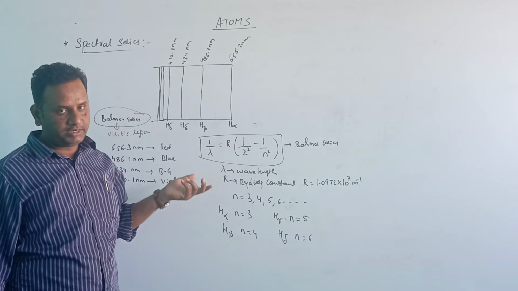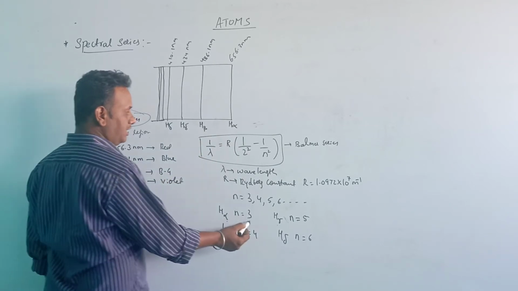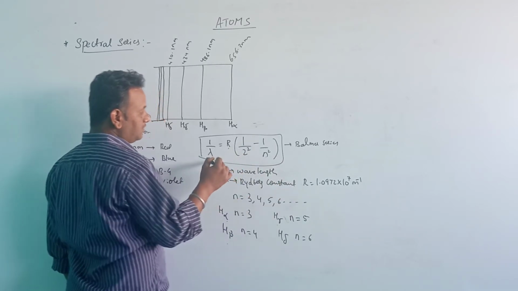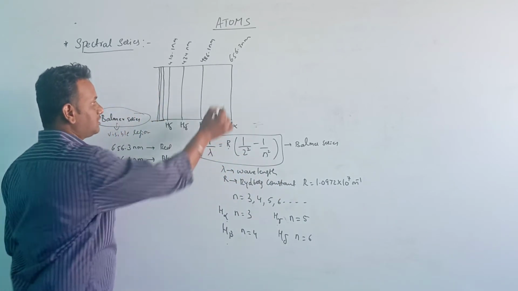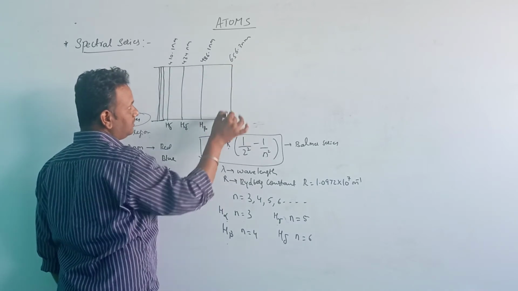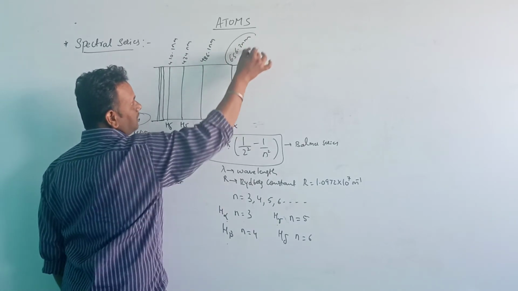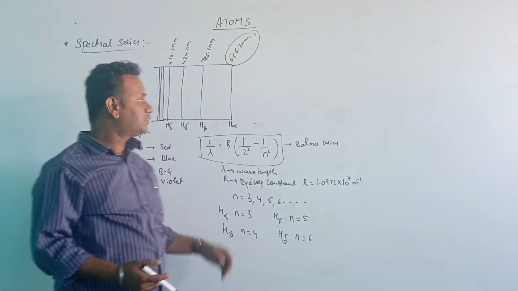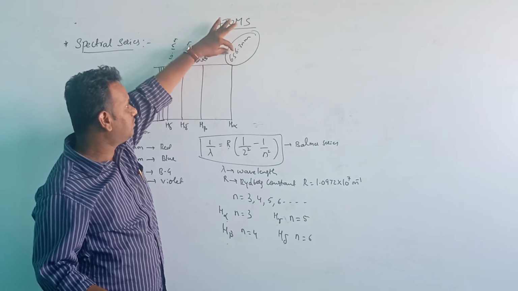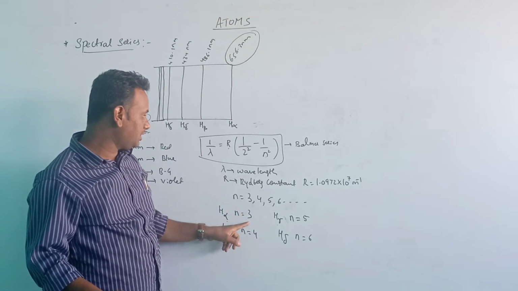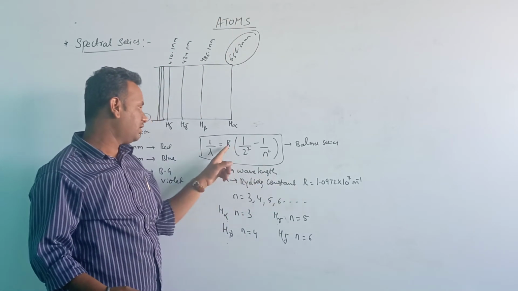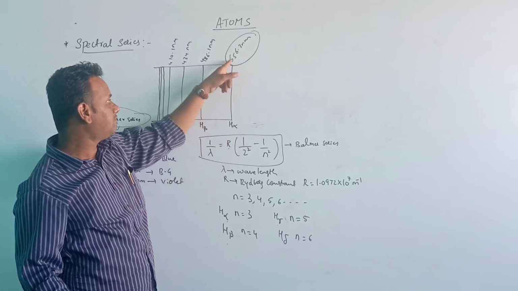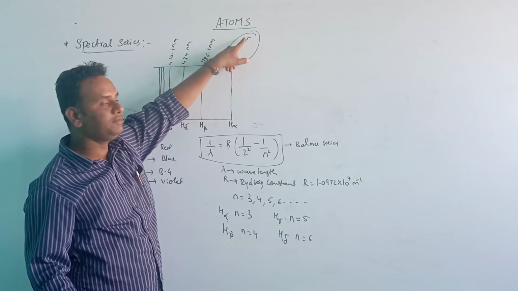We can calculate this. If I substitute n equal to 3 and the Rydberg constant value, I get the wavelength of the first line of the Balmer series, which is 656.3 nanometer.